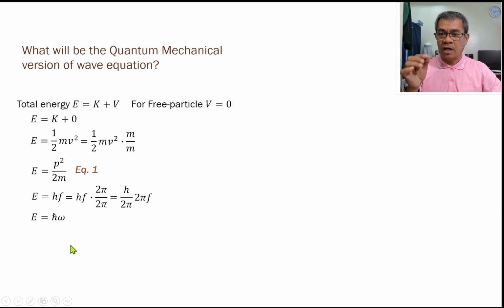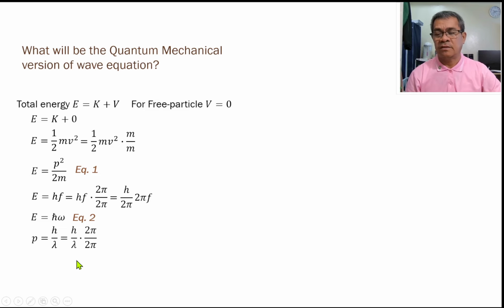Okay? Now, according to De Broglie, the momentum is equal to Planck's constant divided by the wavelength. Okay? So this is by definition. Now, if we multiply again by 2 pi over 2 pi, then we engage another quantity. Okay?